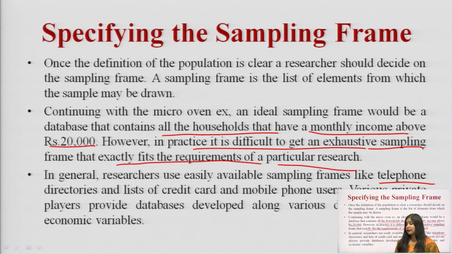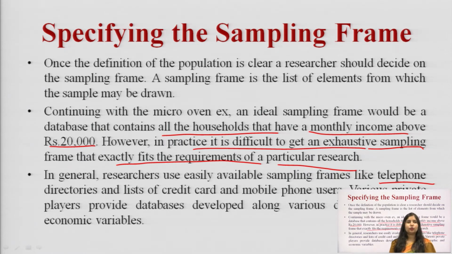So whatever sampling frame we conduct here in our example, they are targeting the customers of your microwave oven. You can add a few more criteria, like people who are living in an urban area and where all the members are working, so the requirement of the oven will be higher, or people who are more interested in cooking.